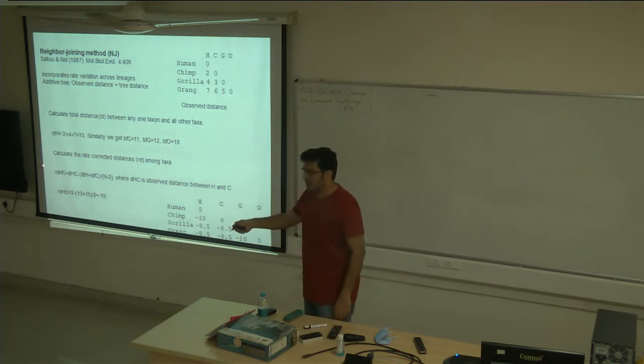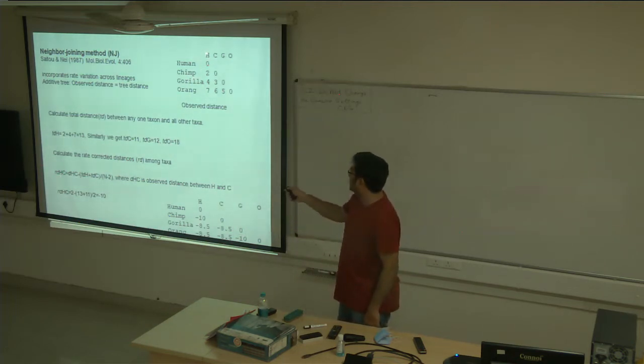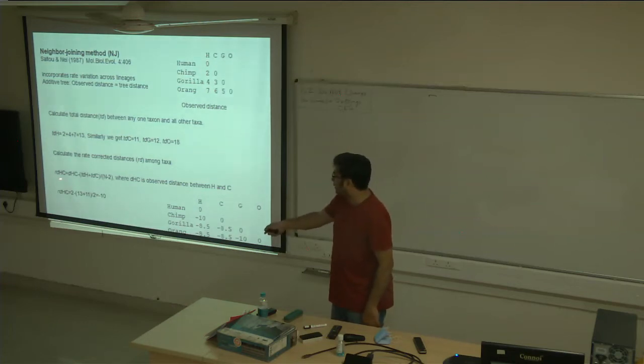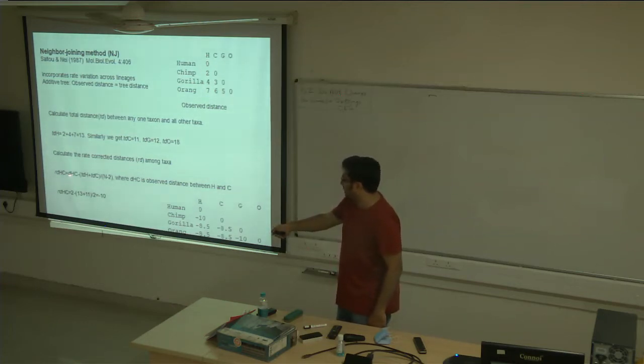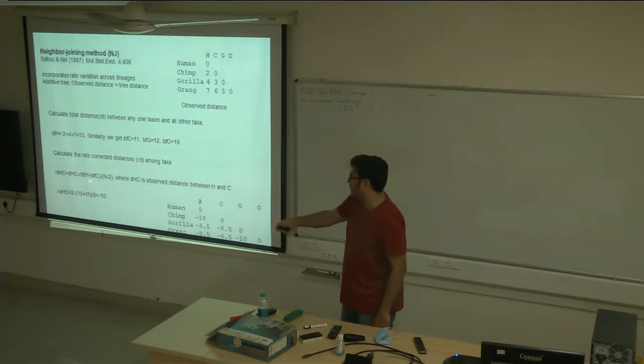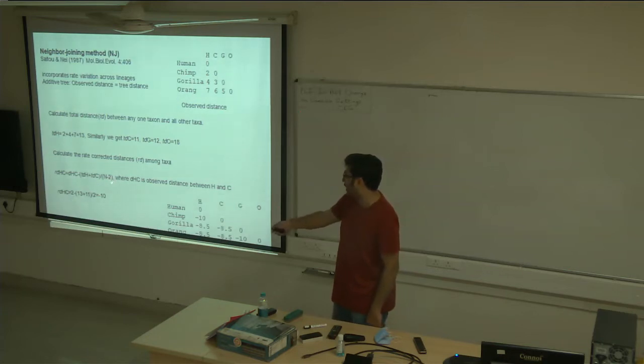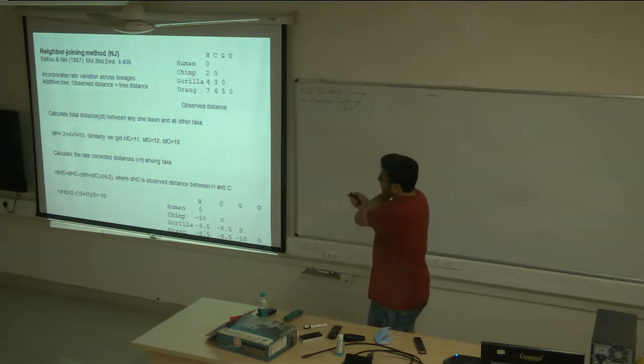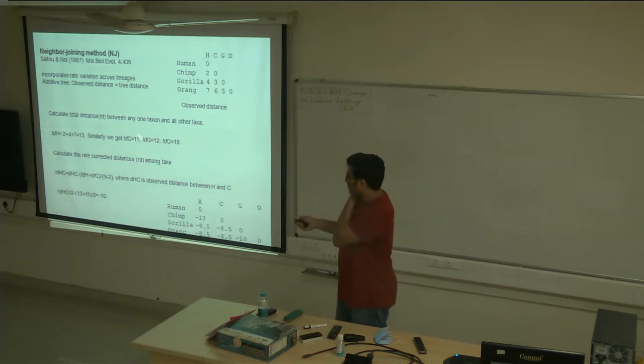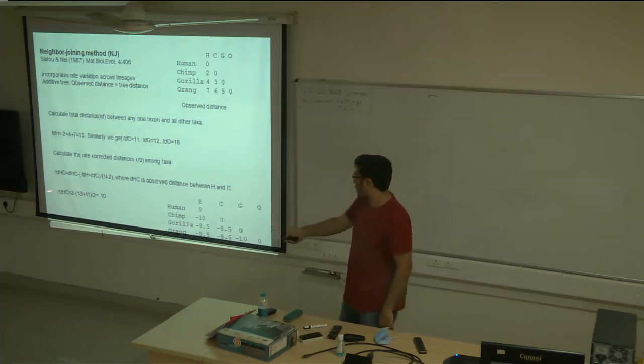The rate corrected distance between human and chimp is given by the observed distance between human and chimp, that is 2, minus the total distance of human, here 13, plus the total distance of chimpanzee, here 11, and you divide this whole by n minus 2, where n is the number of taxa. You do this calculation and you get a rate corrected distance of minus 10.